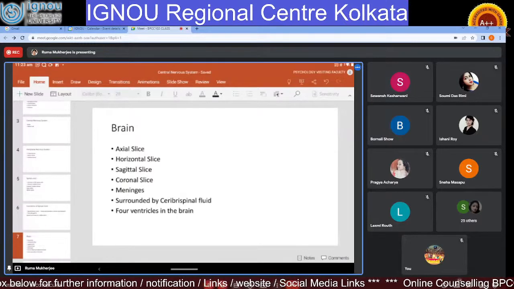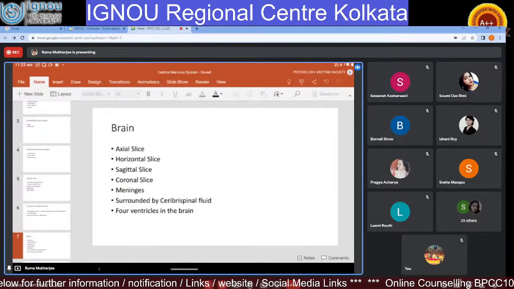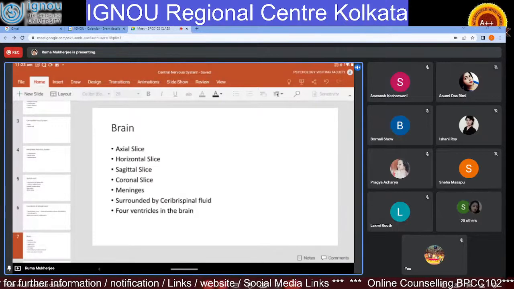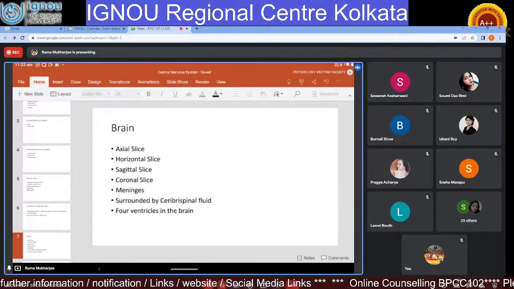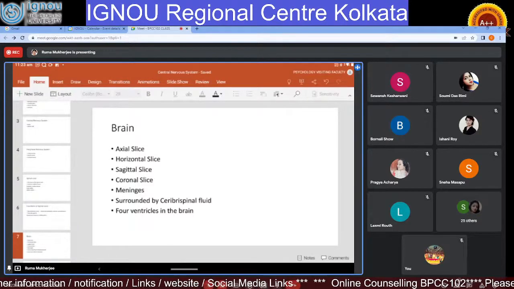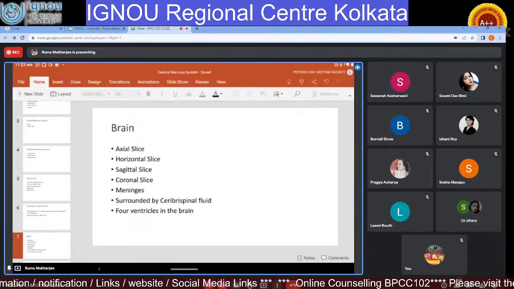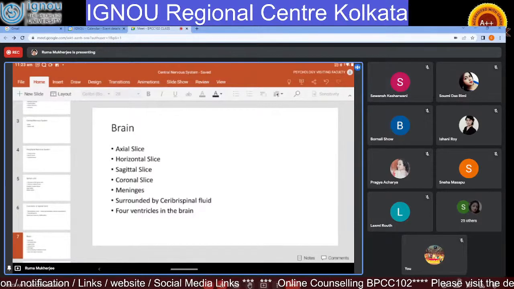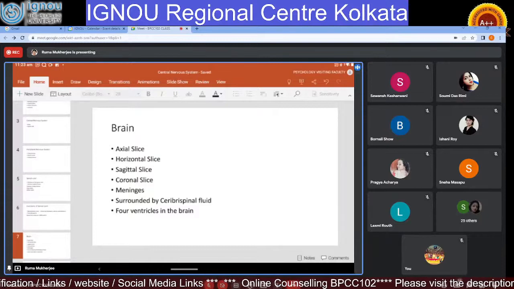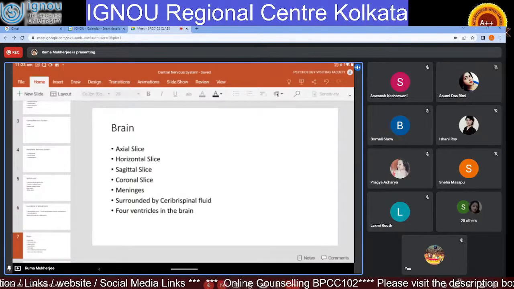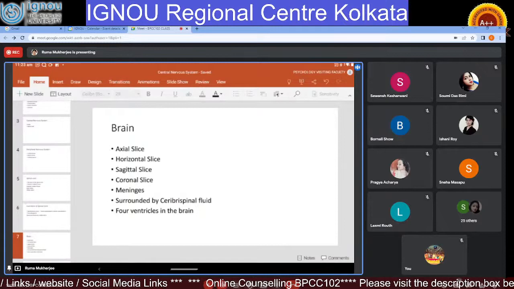Now, what is the brain? It is located at the top of the CNS, or central nervous system, and it is protected by the skull, which is a bony structure. It is interconnected with the body parts by the brain stem region to the spinal cord.